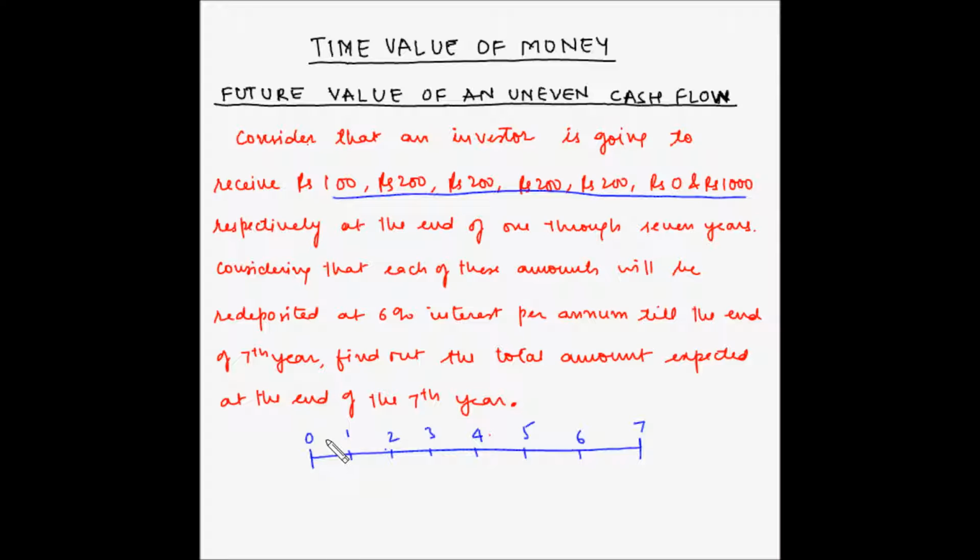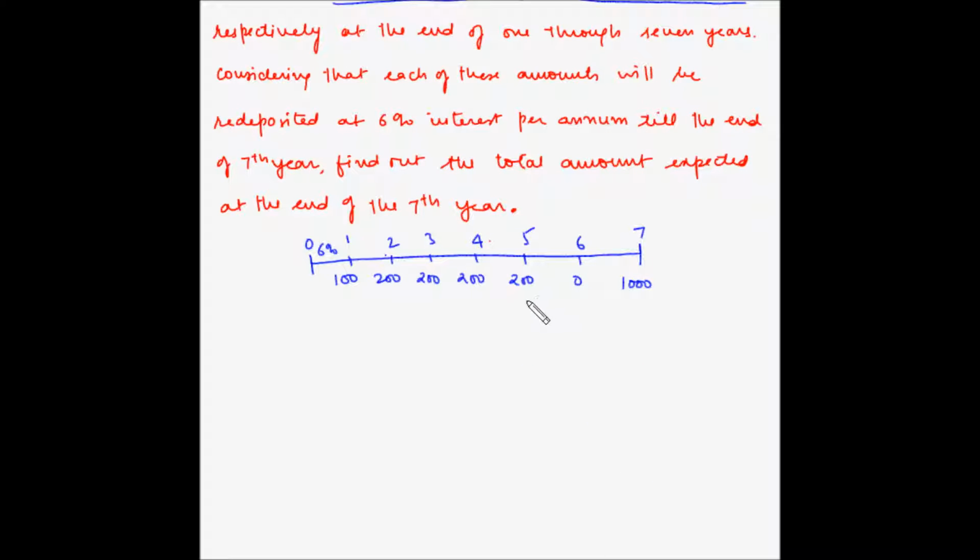The rate of interest is 6%. The amounts that we are going to receive are 100, 200, 200, 200, 200, 0 and 1000 rupees. And we want to find out the future value of this cash flow.